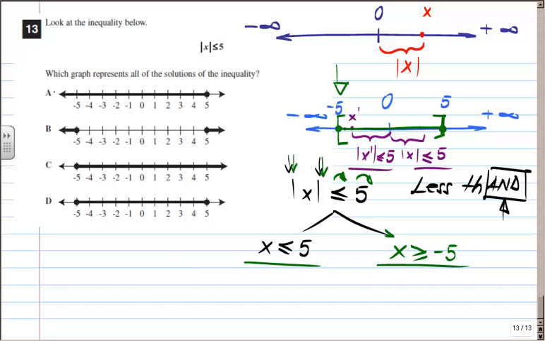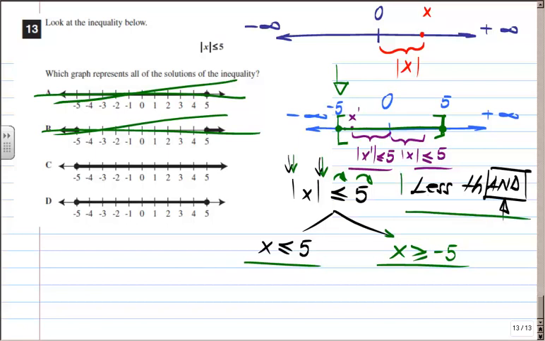And let's look now which one satisfies that. A. What you notice here, I have all the values that are less than or equal to 5. Well, this is not good. B, I have all the values that are less than or equal to -5 and greater than or equal to 5. Not good, right?